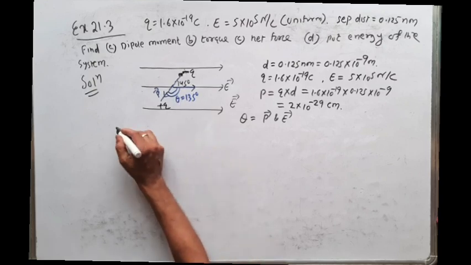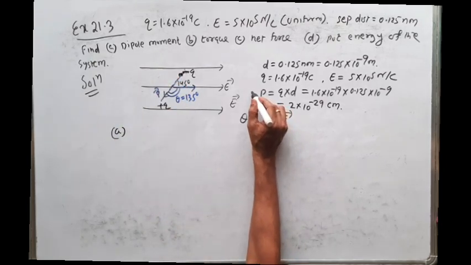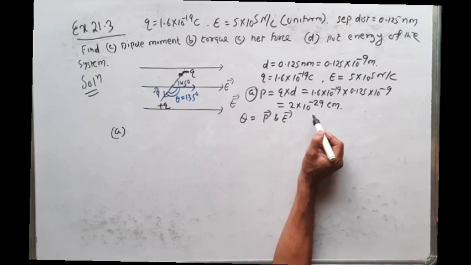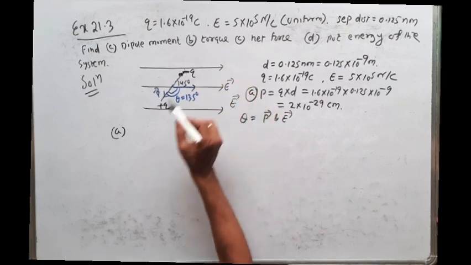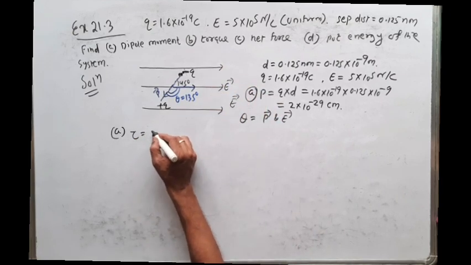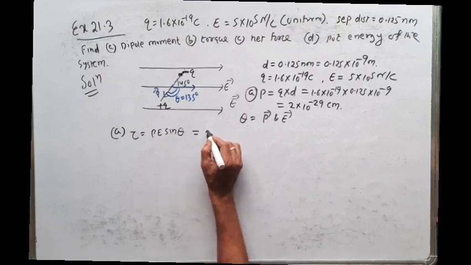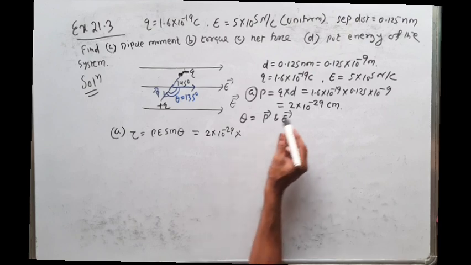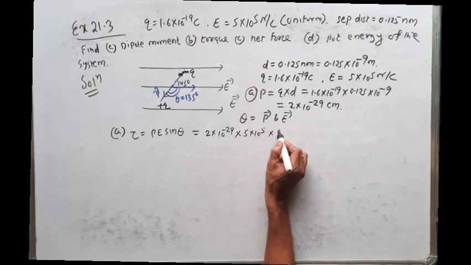So first bit, what is the dipole moment? So first bit we have solved. Dipole moment is equal to 2 × 10 to the minus 29 coulomb meter. Second bit, what is the torque? So torque formula is equal to what? P E sin theta. So P is equal to 2 × 10 to the power minus 29. E, what is the value of E? 5 × 10 to the power 5 into sin theta.